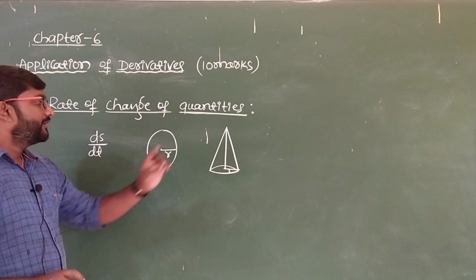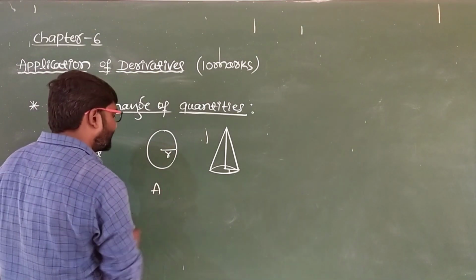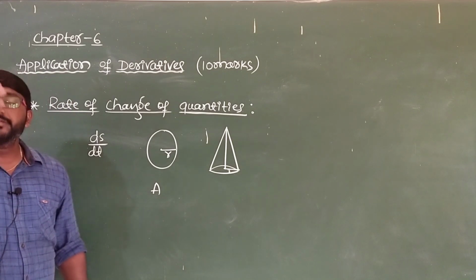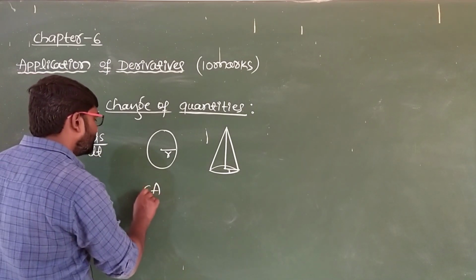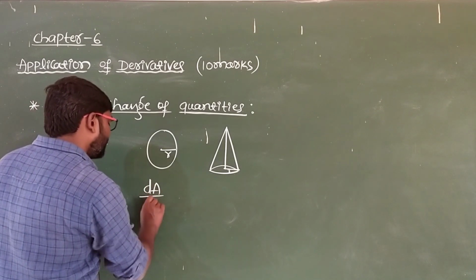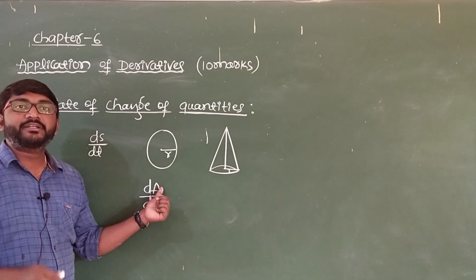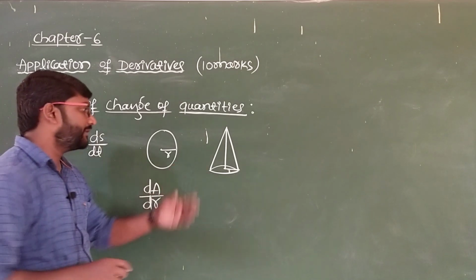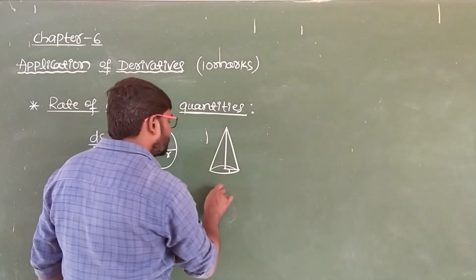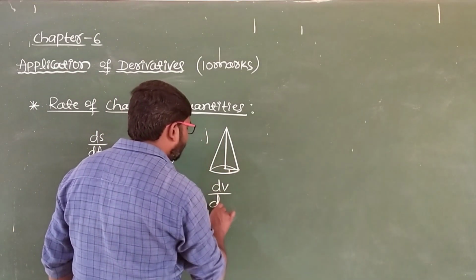Here the area is going to change with respect to the radius, that is, we write dA by dr. One quantity varying with respect to another one, that is the radius. If you take the volume, we can write this as dV by dr.